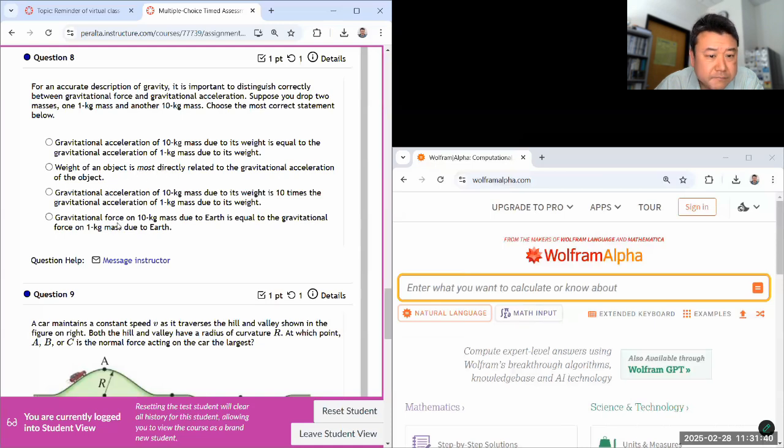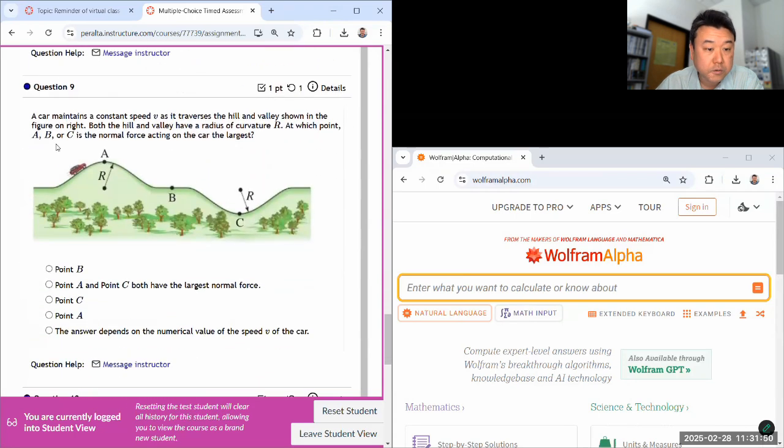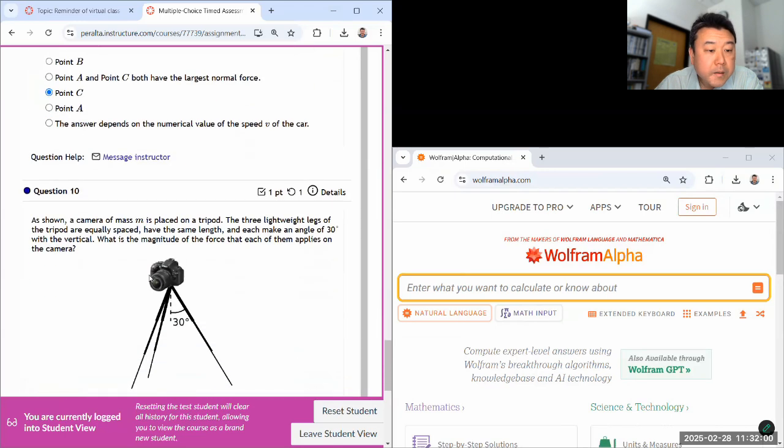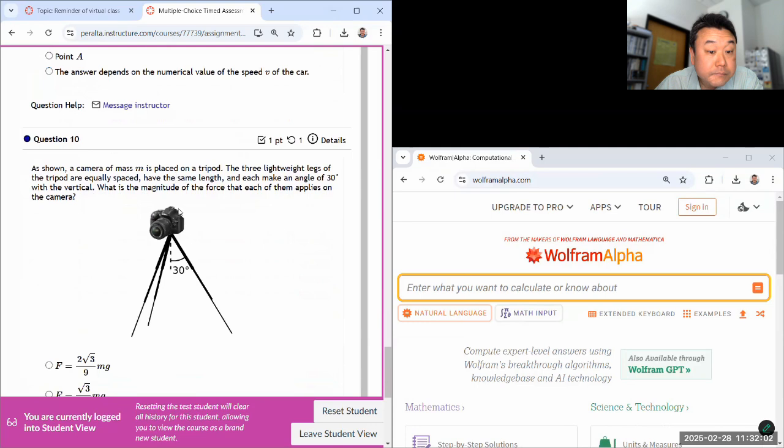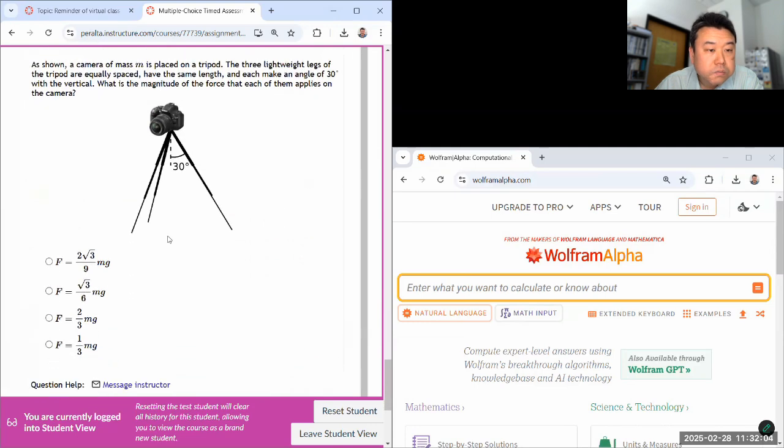So acceleration equal to, yeah, I think that's the most correct one. No, force is the largest. C, because it's upward accelerating. Oh, yeah, that's the last question, so I've got to do it.